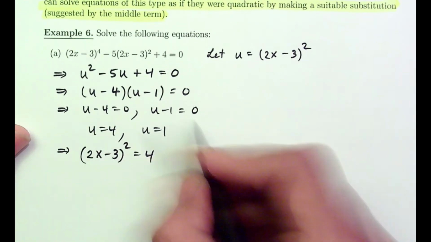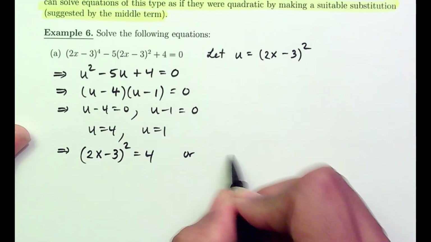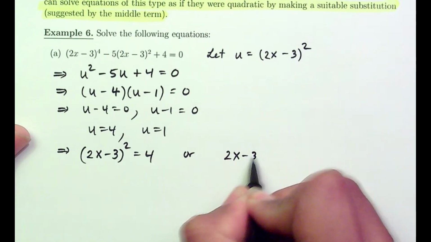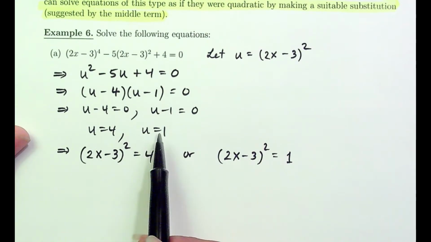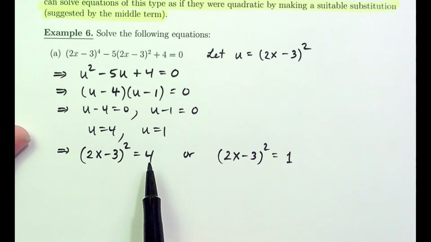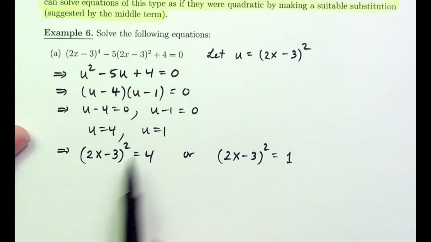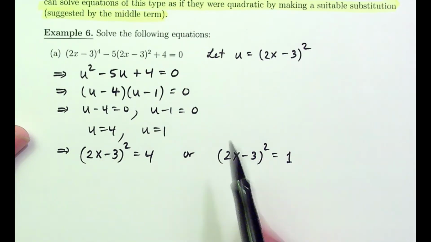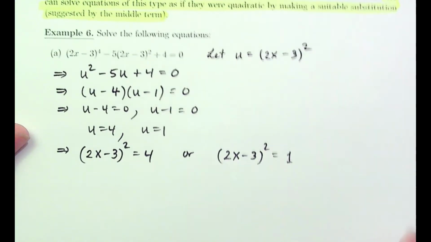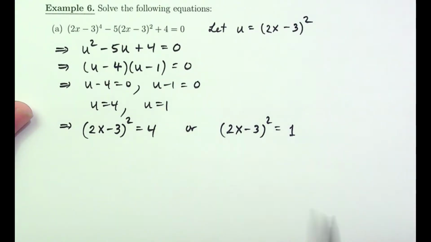So that's this equation, or 2x minus 3 squared equals 1. There's two possibilities for u. U could be 4 or u could be 1. But u is 2x minus 3 squared, so that means 2x minus 3 squared could be 4, or 2x minus 3 squared could be 1. And from here, we're going to solve both of these, and from here, we're going to find x.